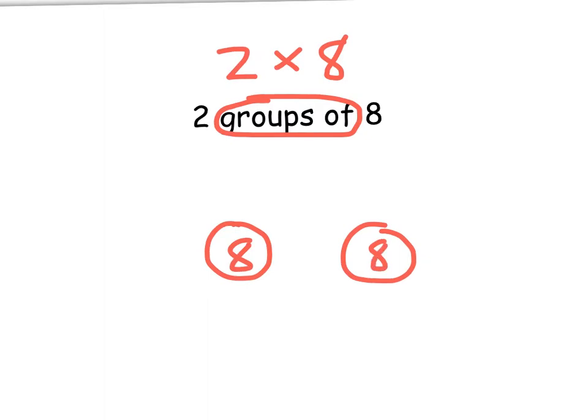I know that 8 plus 8 equals my total or my product of 16. So I can also draw a number bond to represent my problem. 1 group of 8, 2 groups of 8. 2 groups of 8 equals 16.